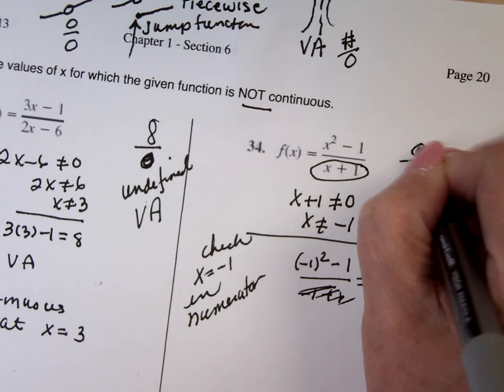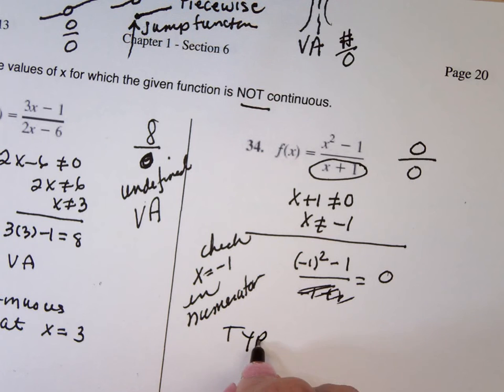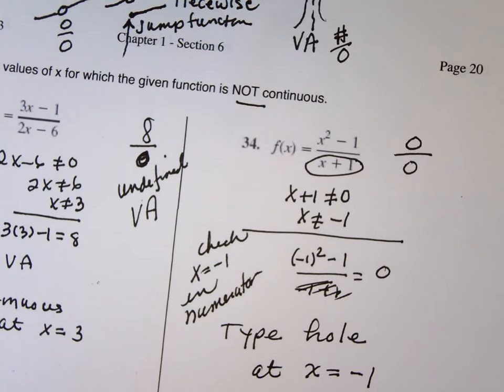In the numerator, I get 0. I have 0 over 0. What type do I have? Hole. At x equal what value? Negative 1. Negative 1 is what's causing my problem. There's a hole in the graph there. The only way I could fix that problem is to find a y value that would fill in that hole.